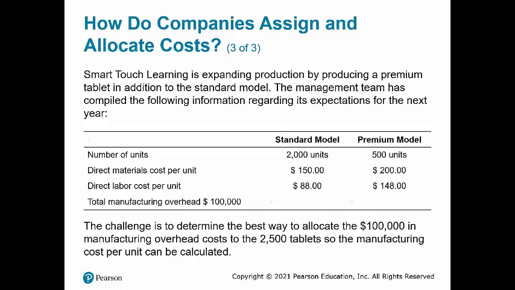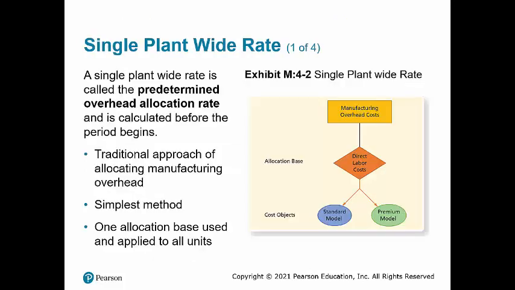They also have estimated that their total manufacturing overhead costs are going to be $100,000. So the challenge is going to be, how do they allocate that $100,000 to the 2,500 tablets that they expect to produce during the next year?